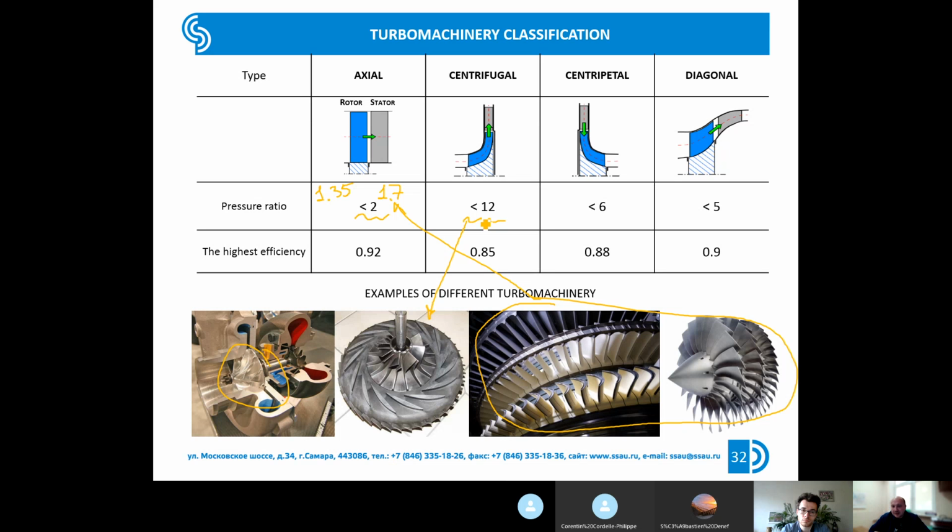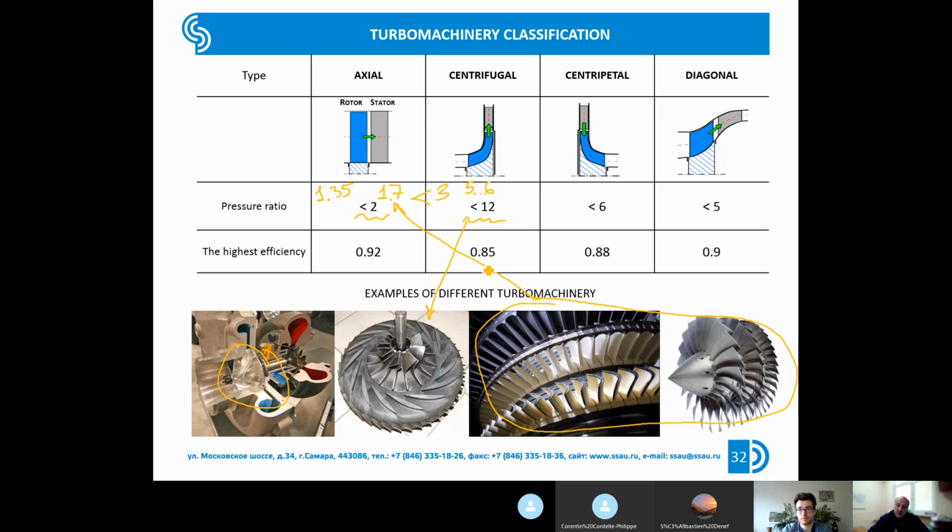So somewhere in the future, maybe we will find a centrifugal compressor stage with a pressure ratio of 10-12. But today, in real practice, in a turbocharging system, the pressure ratio per stage is approximately 3. For a gas turbine engine, it could reach 5-6. But in any case, you will see that the pressure ratio of one centrifugal stage is more than that of one axial stage.